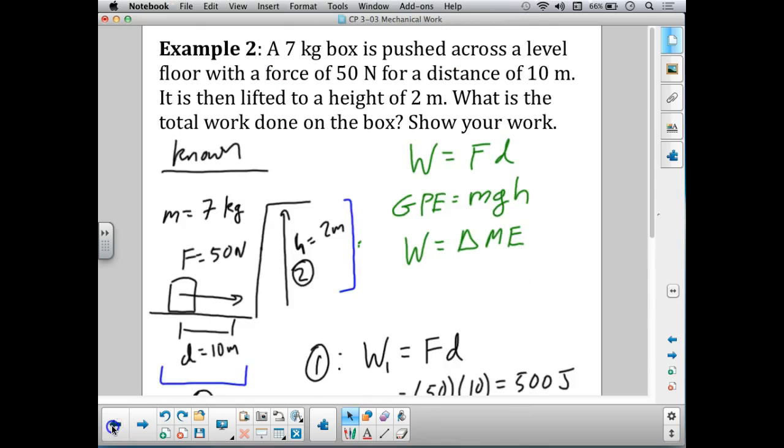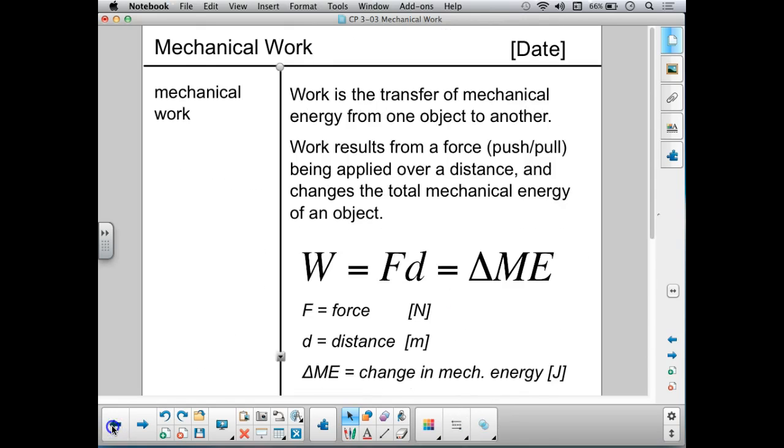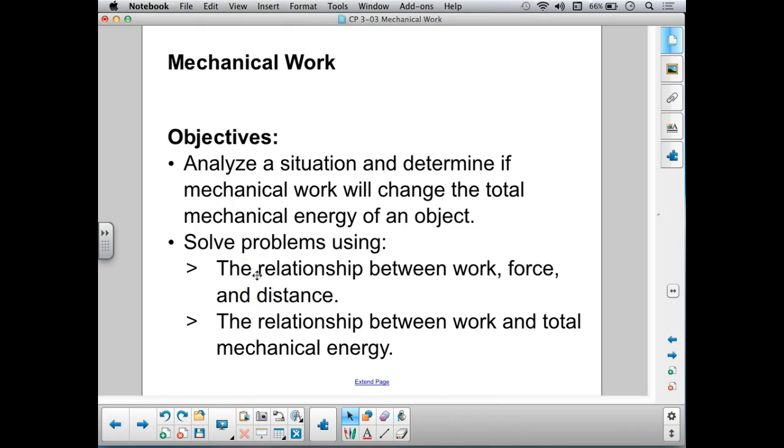Okay, so let's take a look back at our objectives for this lesson. The objectives were to analyze the situation and determine if mechanical work will change the total mechanical energy of an object. So if you see energy transferring into or out of the object, you know that mechanical work is being done if the total mechanical energy is changing.